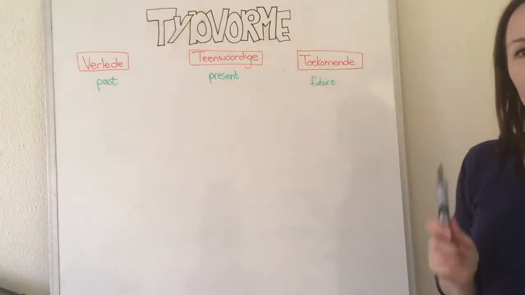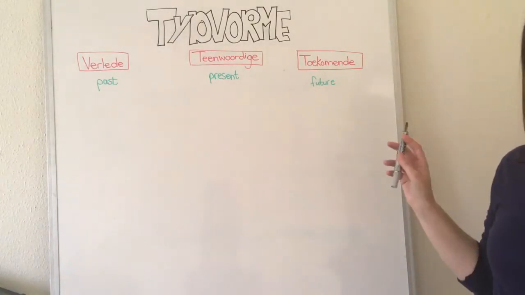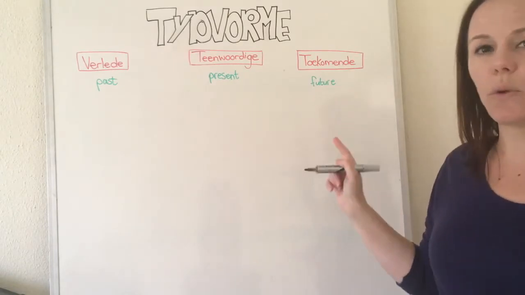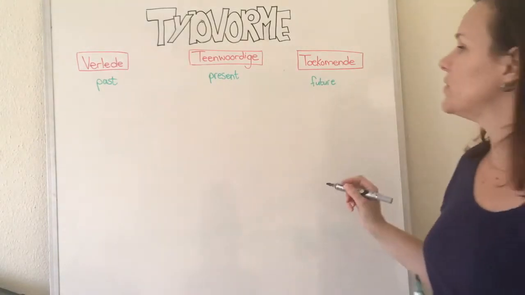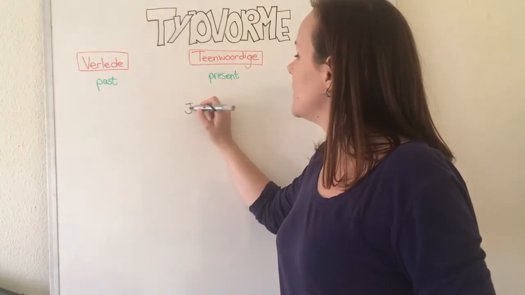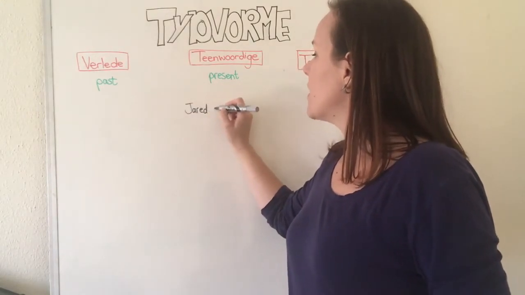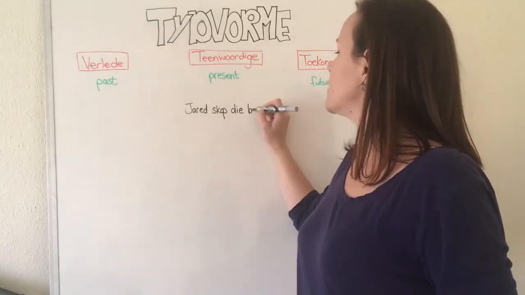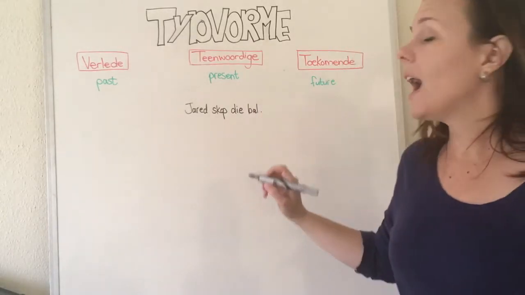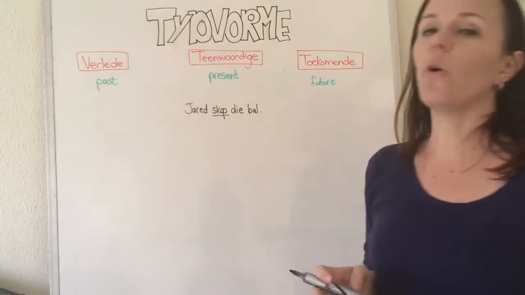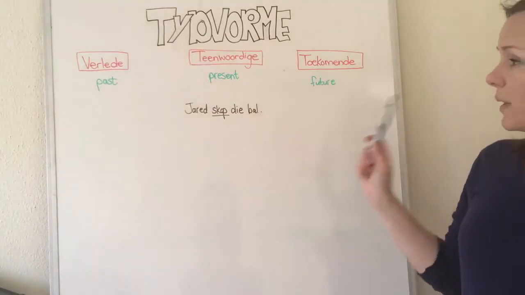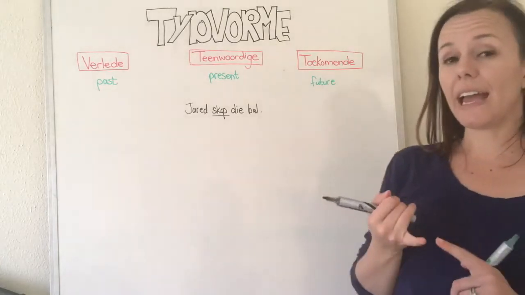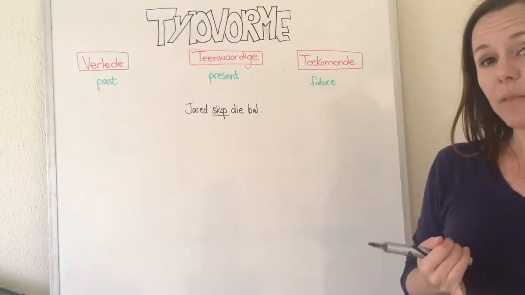So let's quickly just remind ourselves what are the rules when we have just a normal sentence in the present tense and we want to put it in the past tense or the future tense. So let's say we have the sentence Jared skop die bal. Jared is kicking the ball. Our verb is skop. Now remember that if we write that in the past tense, our rule is we have to add het after the subject.